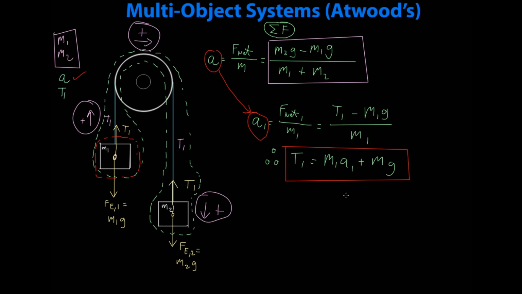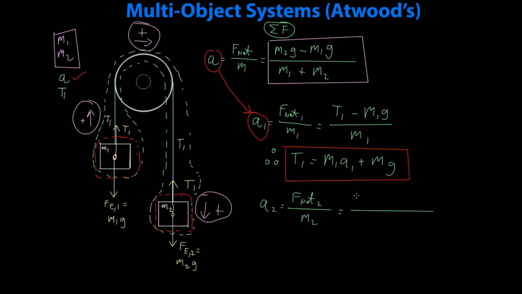So you have acceleration of mass 1 because you have the acceleration of the entire system. I can also isolate mass 2 as long as I cut that tension in half. So for mass 2, acceleration of 2, net on 2 over mass 2 equals positive direction.